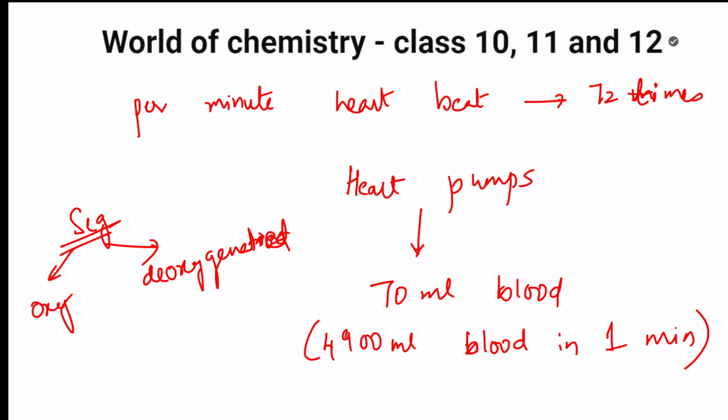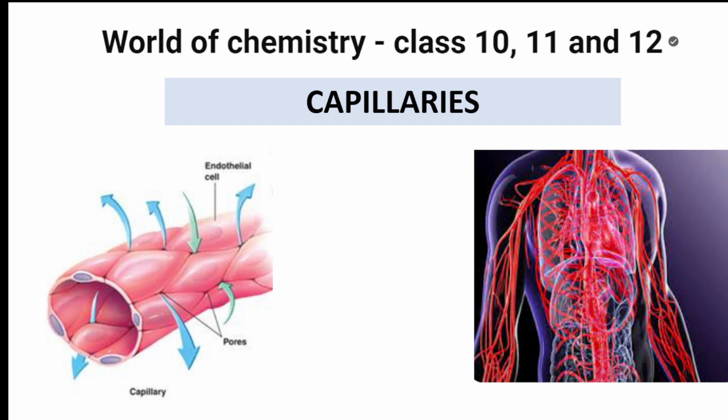Now let us go into a concept called capillaries, because we said it is the circulatory system. The whole body is interlinked with a network of blood capillaries, or blood vessels. When you see this diagram, the network, can I write blood capillaries are blood vessels? Okay.